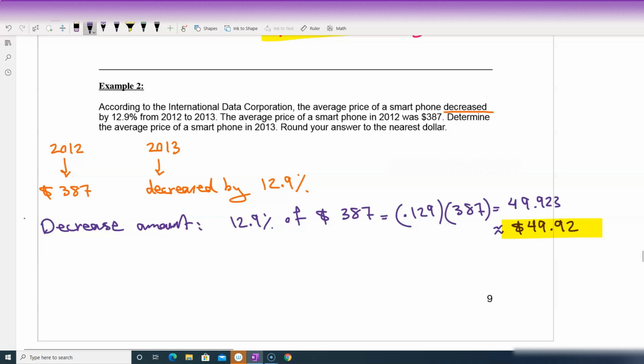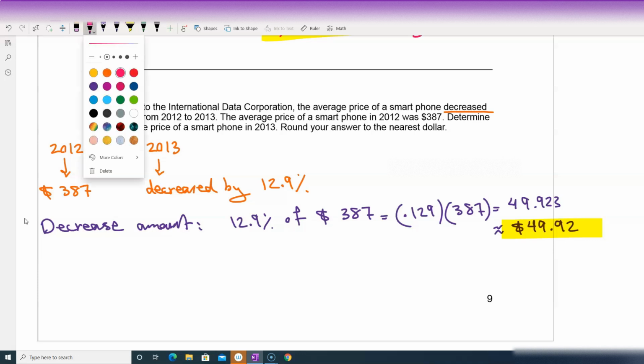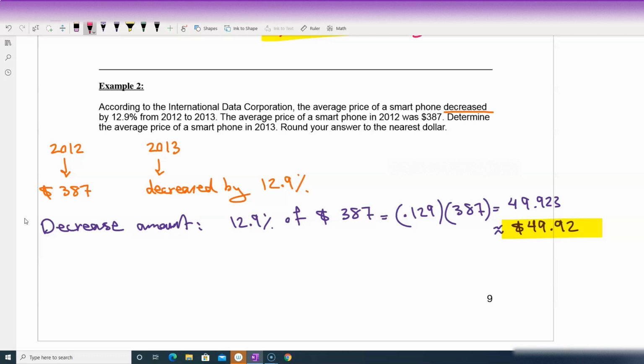Now, the next step, finding the price in 2013. That is the $387 that we had for the price in 2012. This is a decreased amount, meaning that we should subtract.